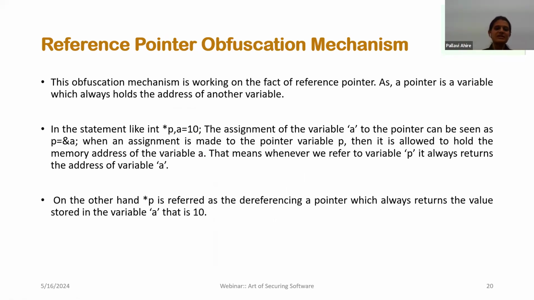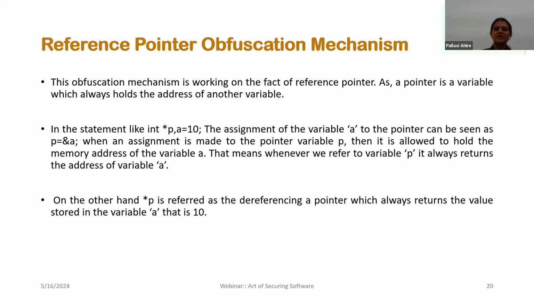For example, I have a statement as int *p, a = 10. So variable a is assigned to the pointer and you can write p = &a. When this assignment is made to the pointer variable p, then p holds the memory address of the variable a. So whenever we refer to p, it will always give you the address of a, because it is the reference pointer.